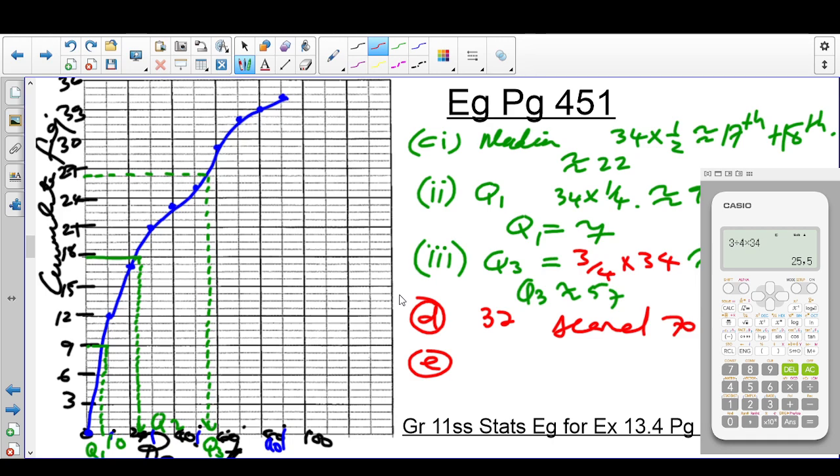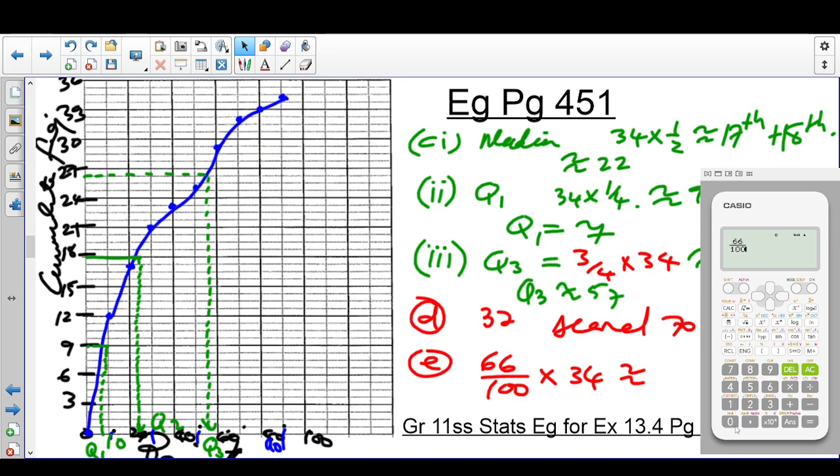So it says calculate the 66th percentile. So the 66 part of 100 multiplied by 34 in total. You would say 66 over 100; a 6th decile is going to be 6 over 10 times the total number, of course, of 34. So they give you the approximate 22nd entry.